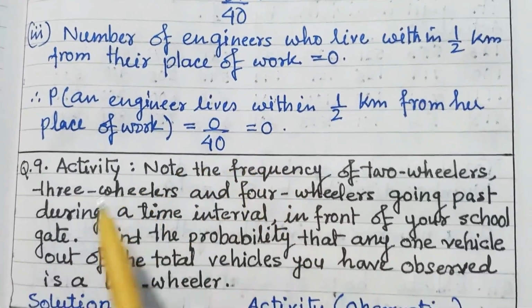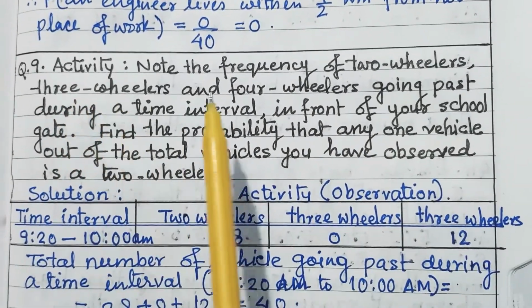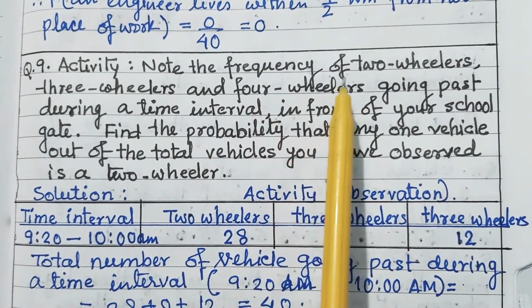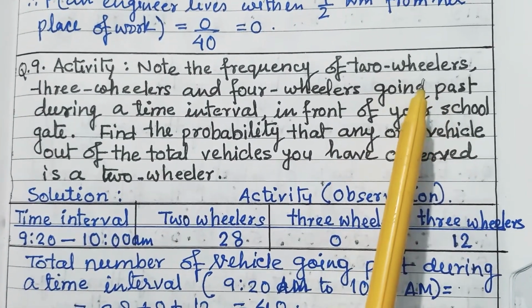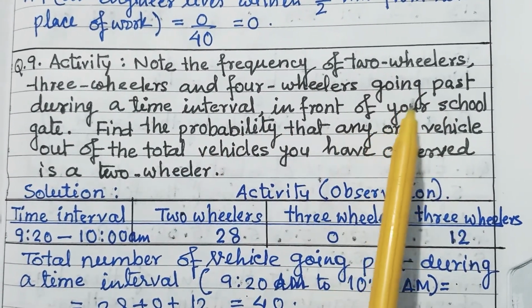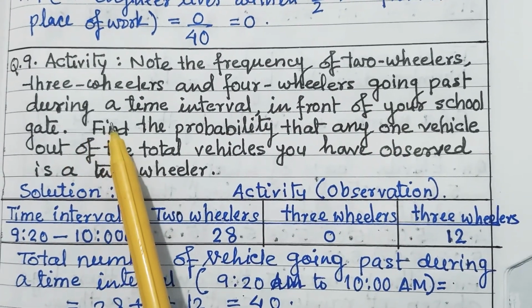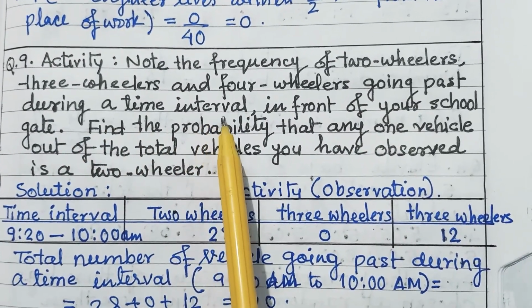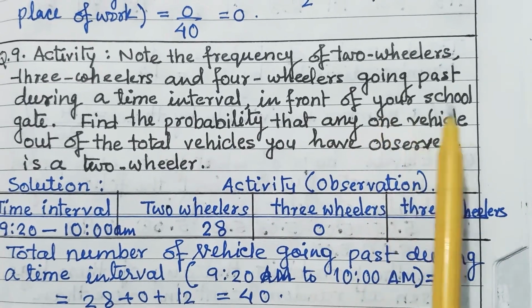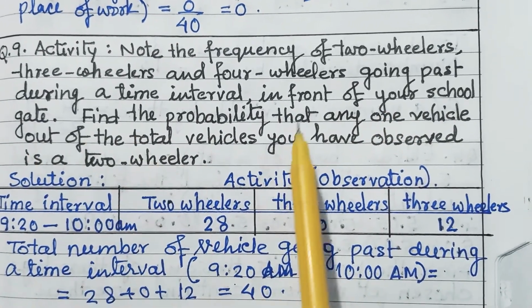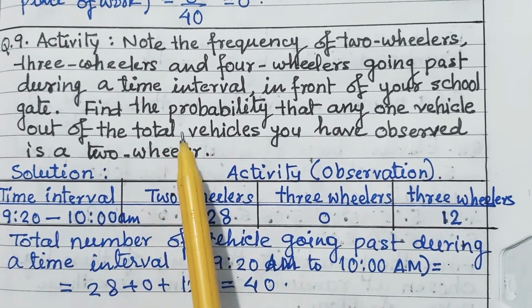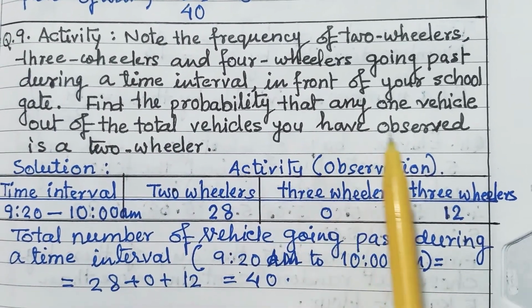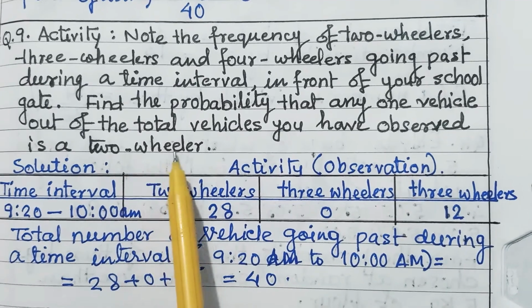Okay. Question number 9, activity. Note the frequency of two-wheelers, three-wheelers and four-wheelers going past during a time interval in front of your school gate. Find the probability that any one vehicle out of the total vehicles you have observed is a two-wheeler.